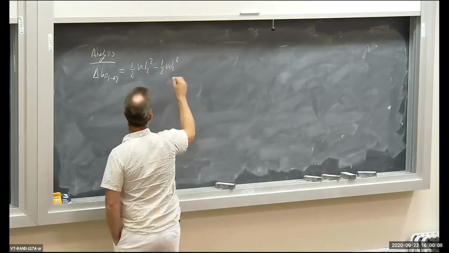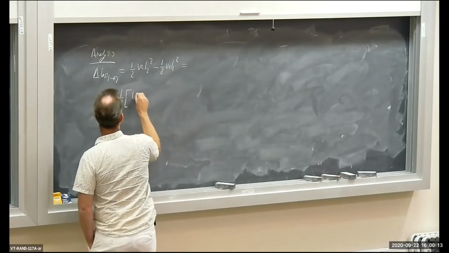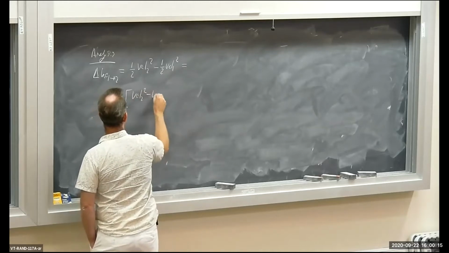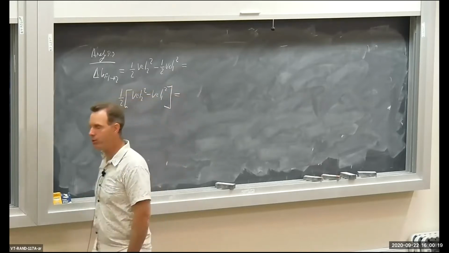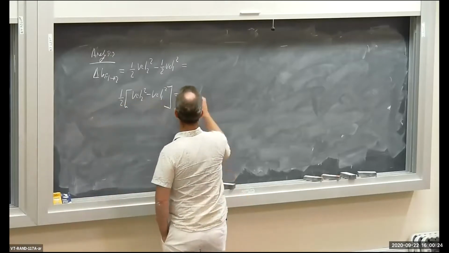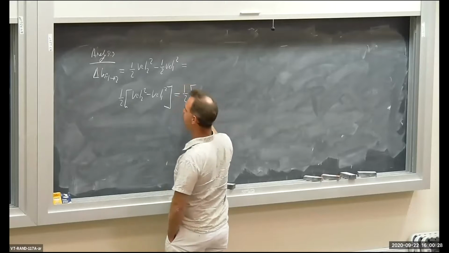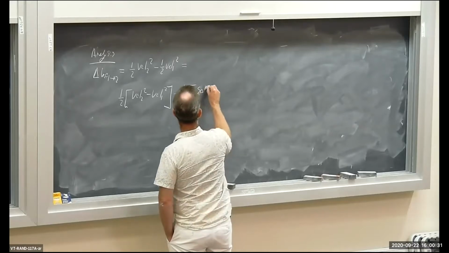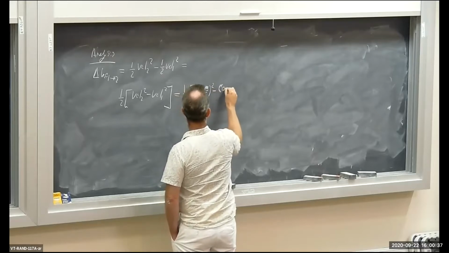Let's factor out the 1/2 and I have velocity 2 squared minus velocity 1 squared. I have the inlet and the outlet velocities. They are 80 and 50 meters per second. So I have 1/2 times 50 meters per second squared minus 80 meters per second squared.